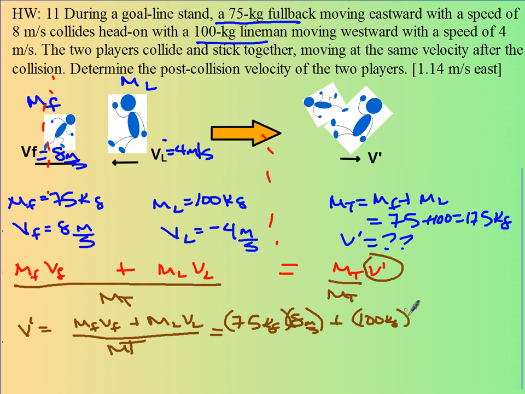The velocity of the lineman is negative 4 meters per second. And this has to equal my total mass, 175, times, got carried away there. Wrong equation. Okay, and this has to be divided by my total mass, or 175 kilograms.